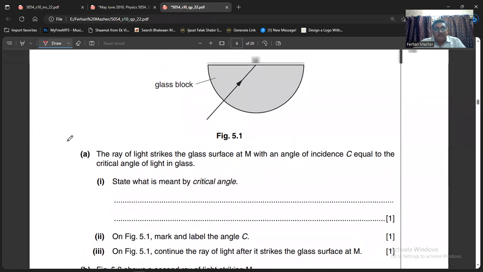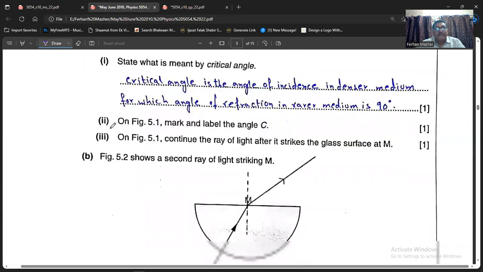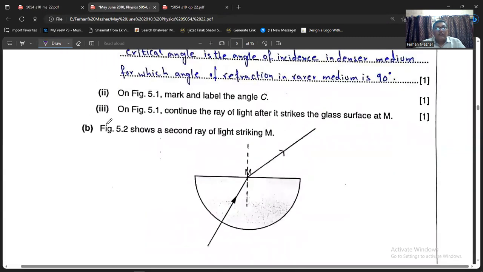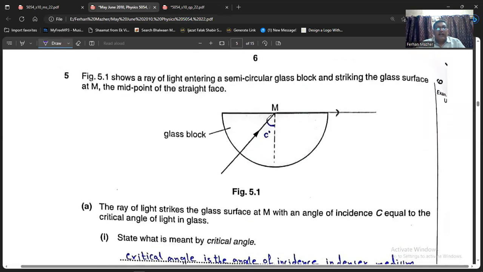So I will draw a normal here, and this is the angle of incidence, and this will be called critical angle.